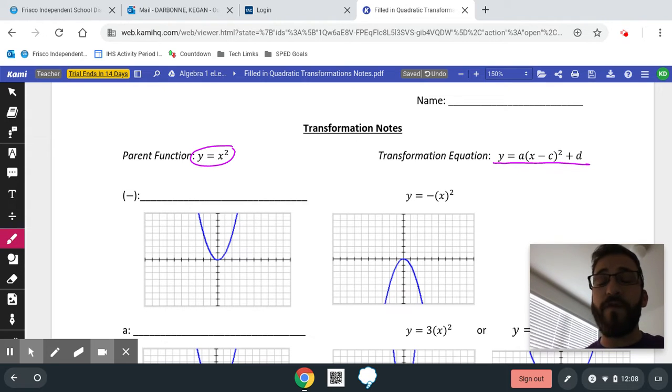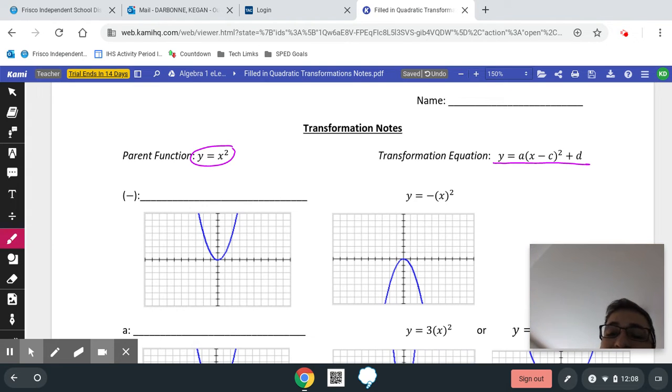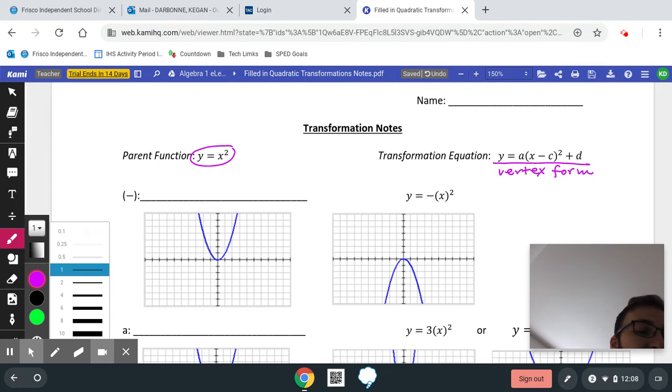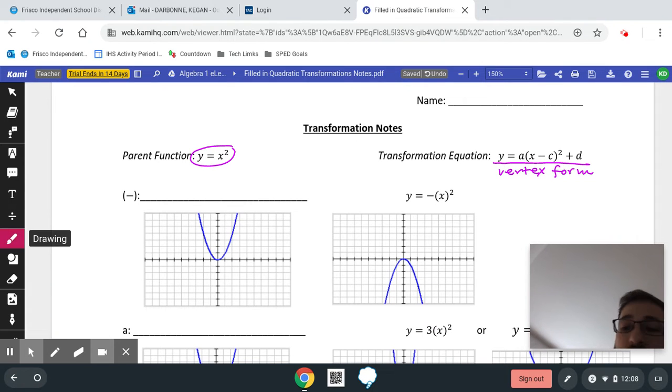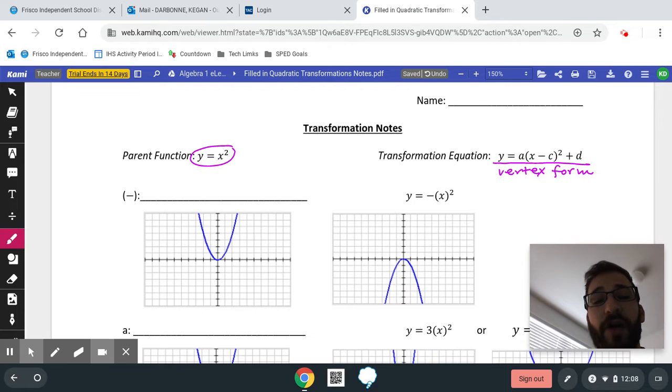And we're going to talk about 4 different transformations with 3 different letters, so A, C, D. What you might also notice about this is that this is already in vertex form. Okay, so all the transformations we're going to be talking about today are going to be occurring in our vertex form. We're not going to do transformations with any of our other forms.